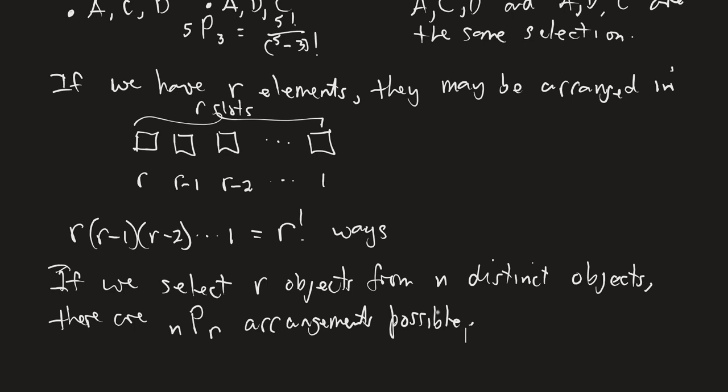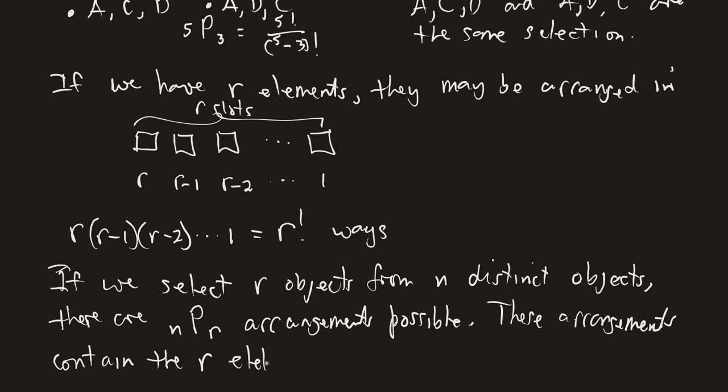Again, these arrangements contain the R objects R factorial times, right? So these arrangements contain the R elements R factorial times, because there are R factorial ways that those elements can be arranged.